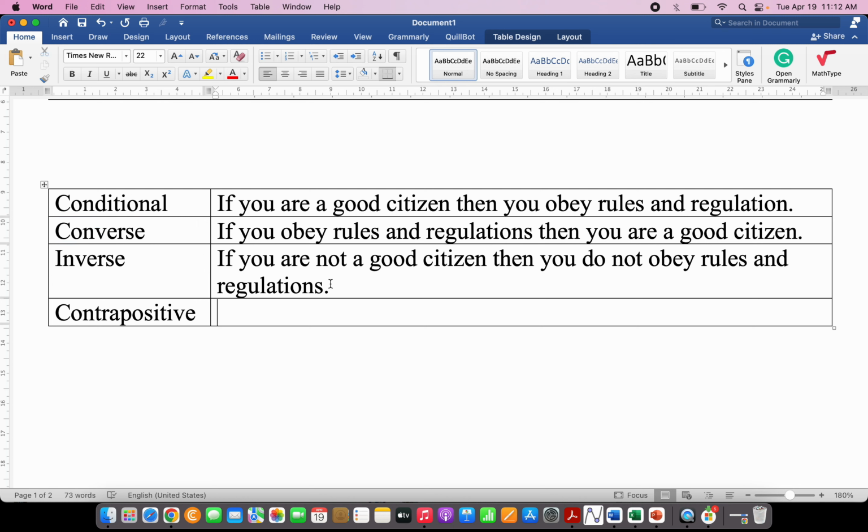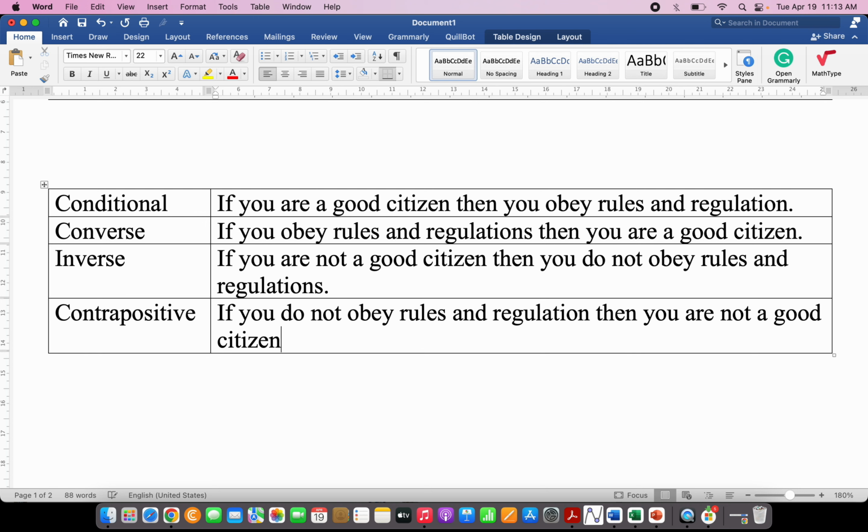So in this case, if you do not obey rules and regulations, then you are not a good citizen. As simple as that. Are you following?